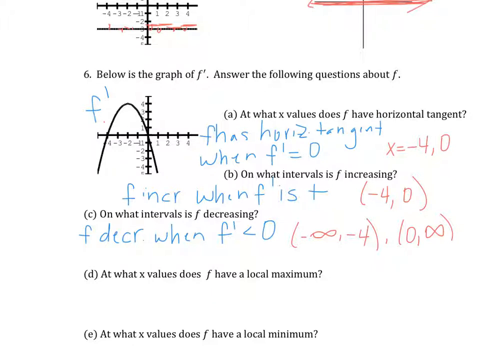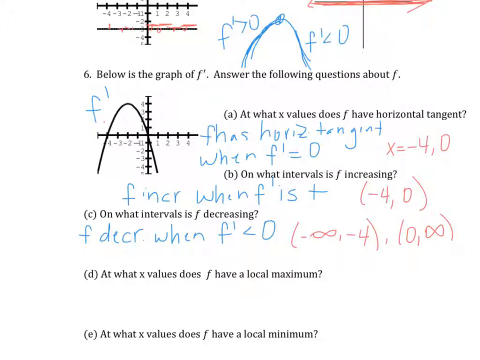A maximum is when f is increasing and then it goes to decreasing. So if f is increasing and goes to decreasing, tell me what f prime would have to be doing. If f is increasing, f prime would have to be greater than 0. And then if f goes to decreasing, f prime would be less than 0.